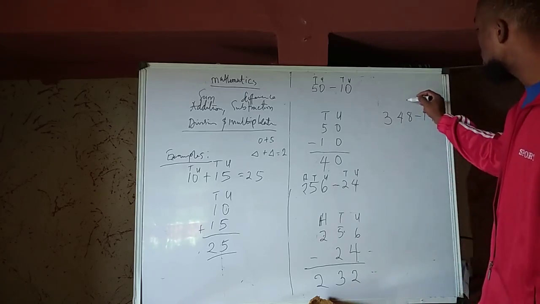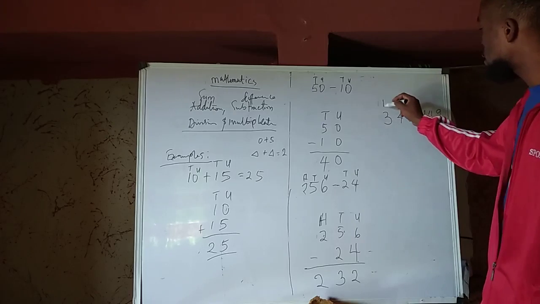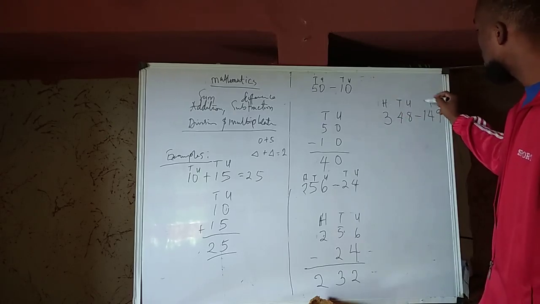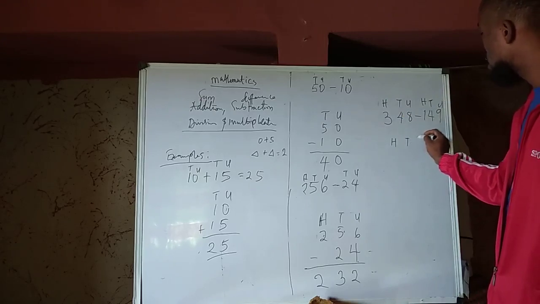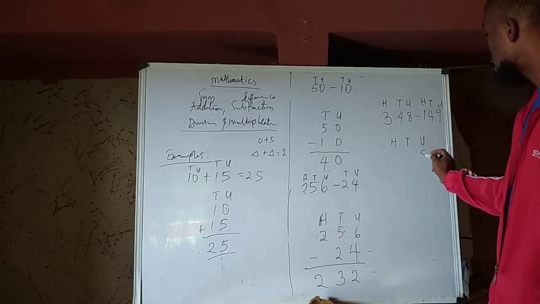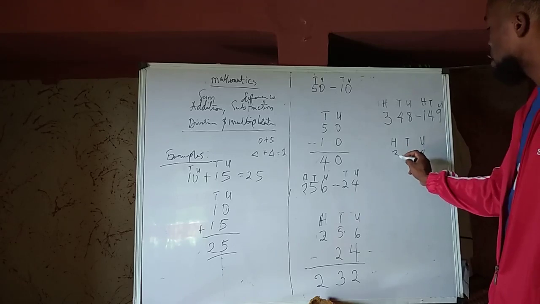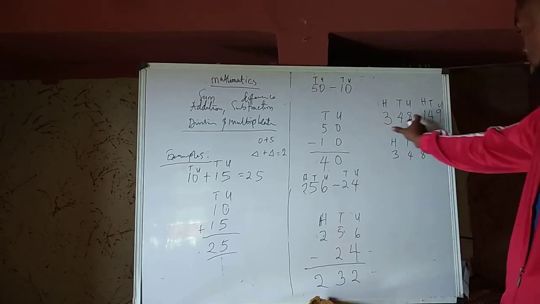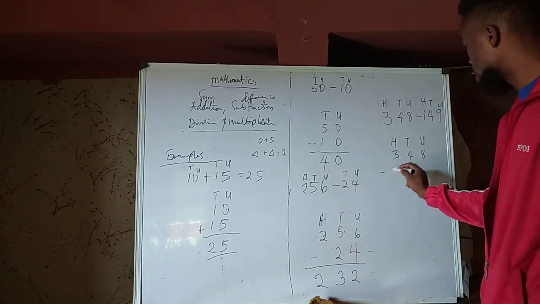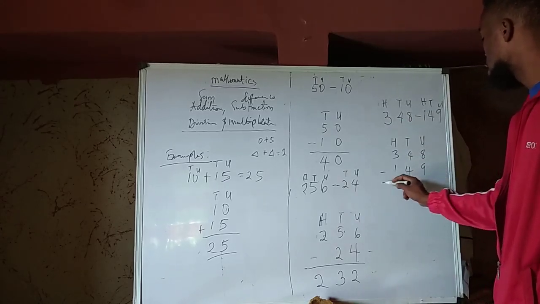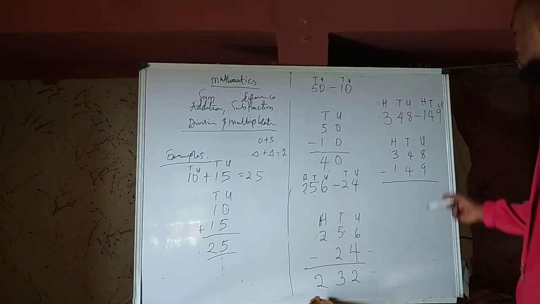So remember, this is units times 100. We are going to have 100 tens in units, so that we have 8, 4. The bigger number first, in this order, the one to the left before the one on the right. So minus 1, 4, 9. So we are going to have this, right?